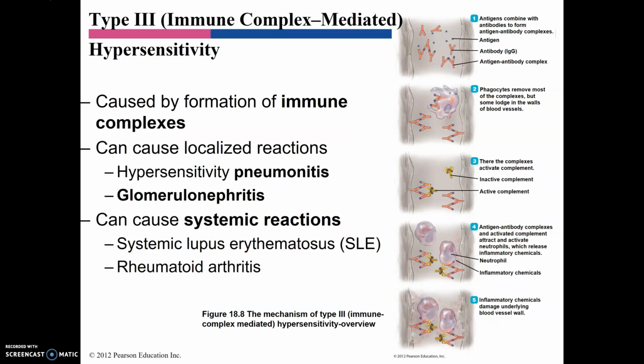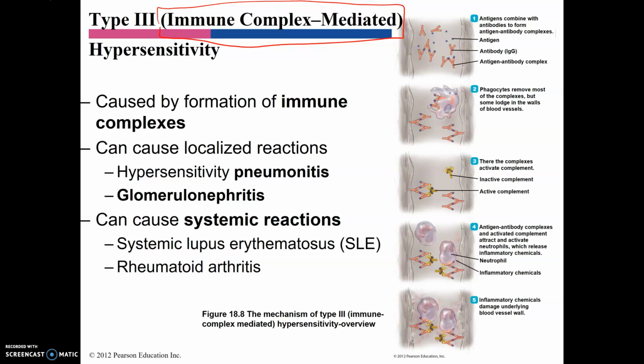The third type of hypersensitivity is type 3, and it's immune complex mediated, and this is something that happens as part of the disease process in a lot of autoimmune diseases. So what happens is that antigen is circulating in your system, and it might be an autoantigen if we're talking about an autoimmune disease.